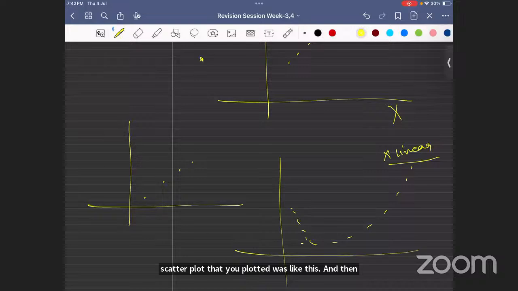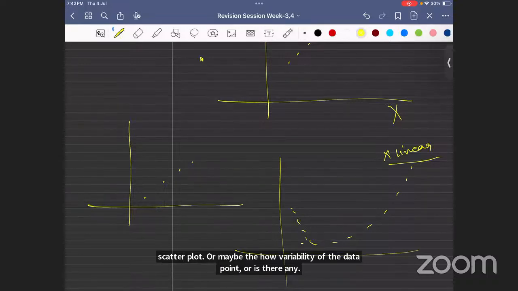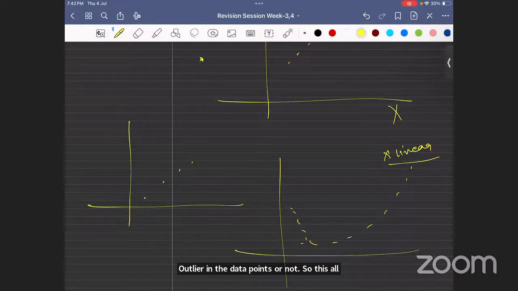So the scatter plot can give you an idea about the direction, the curvature, the variability of the data points, and whether there is any outlier or not. All this information you can get from the scatter plot.